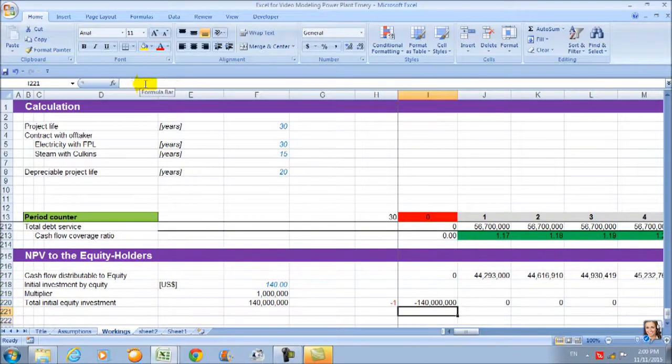Okay, and then you have the net cash flow to the equity. This is after tax. Okay, and then you just have this one plus this one.